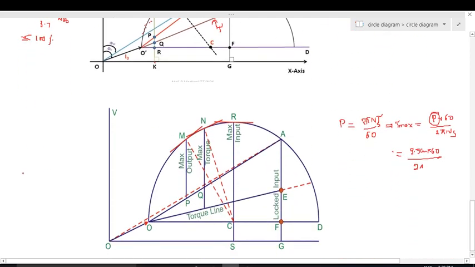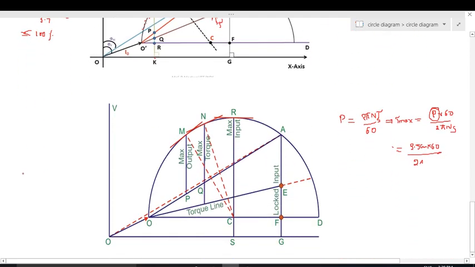Look at this one. This is the torque line. So we should draw a line in such a way that the line is parallel to the torque line, and that line should touch the semicircle.